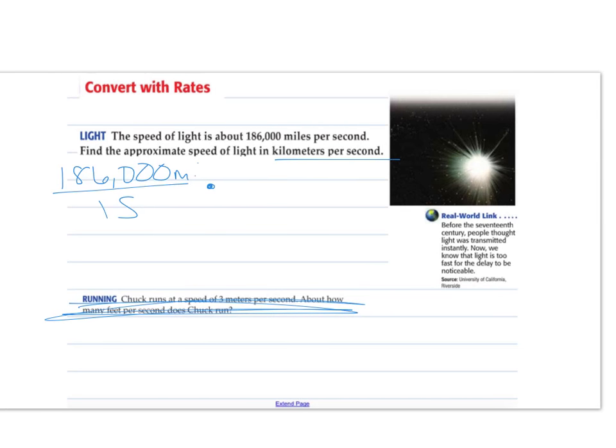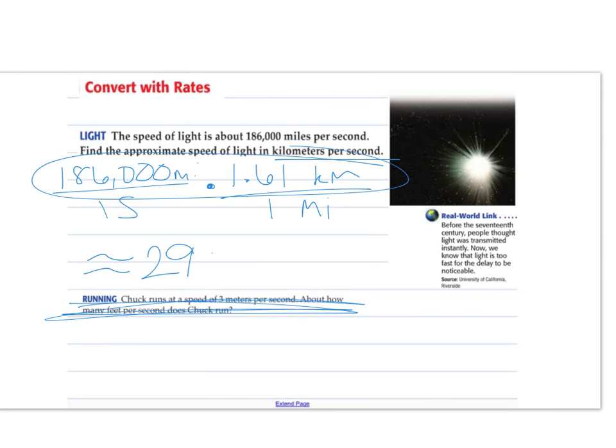So seconds are staying the same, we don't have to worry about it, but miles are going away with new kilometers. So 1 mile is equal to 1 and 61 hundredths of a kilometer. Multiply across, and we get that is approximately 299,460 kilometers per second.